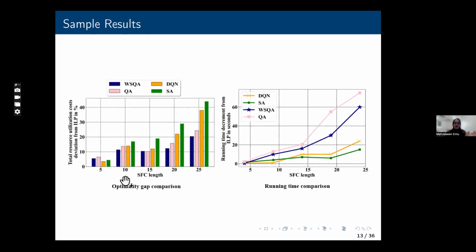As the problem size grows, if we compare the optimality gap, we can see that warm start quantum annealing, which is the hybrid technique, and the standalone quantum annealing perform quite comparably to classical algorithms. However, they perform much better when it comes to running time. So the standalone quantum annealer provides the fastest solution, and warm start quantum annealing, which is the hybrid technique, lies in between classical and quantum algorithms. So we have some kind of speed gain advantage.